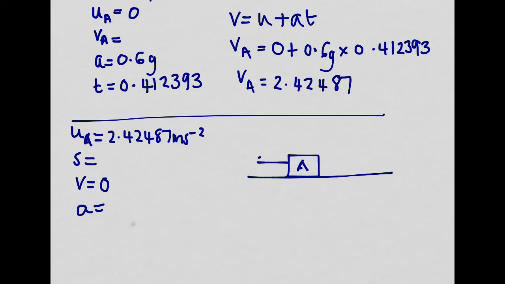It still has this force in this direction, which is 0.08g. However, it now doesn't have a force acting in the opposite direction. However, it is travelling still in that direction.